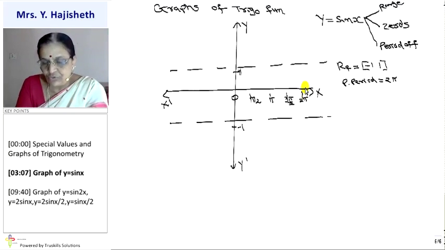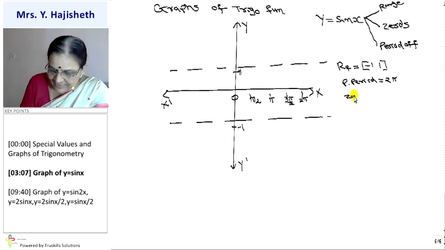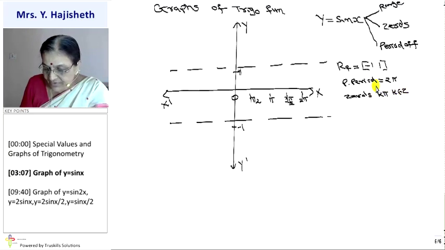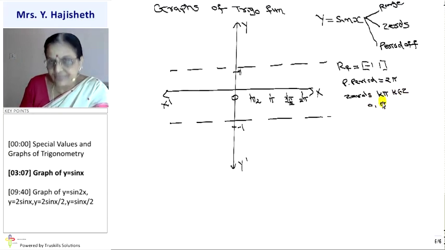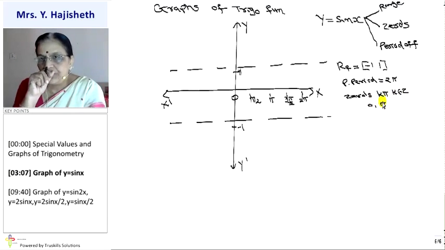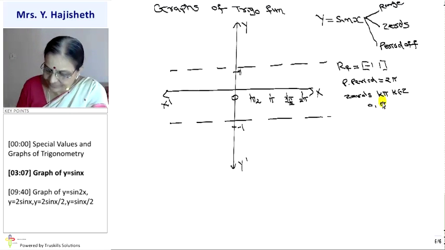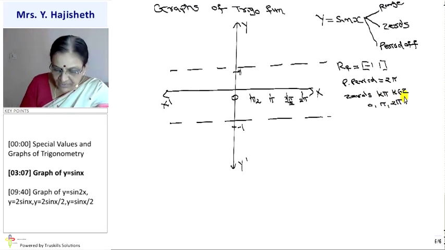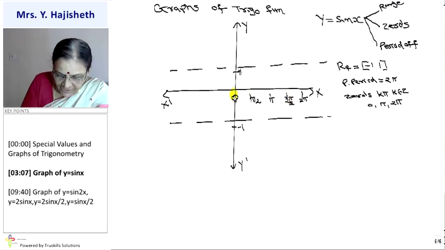Now about zeros. What are the zeros of sin x? k pi, k belongs to Z. Between 0 to 2 pi, sin x is 0 when x is 0, pi or 2 pi. So between 0 to 2 pi, there are three zeros.